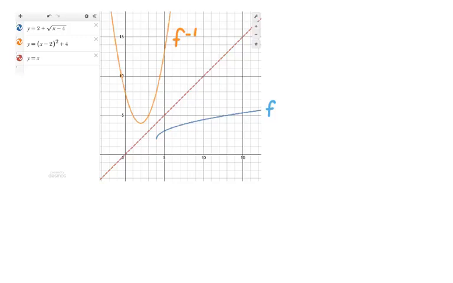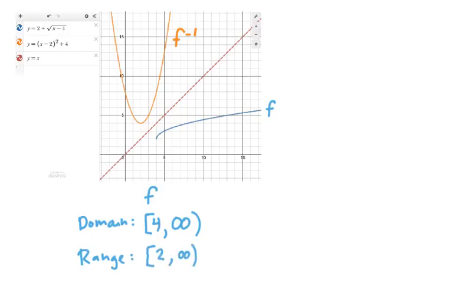Let's talk again about the domain for f. The domain for f, we had mentioned a little bit ago, was 4 to infinity. So the inputs or the x values for the function. Similarly, we had commented on the range for f, and we had said that goes from 2 to infinity. Now, when I graphed the inverse function in Desmos, it created a parabola, right?